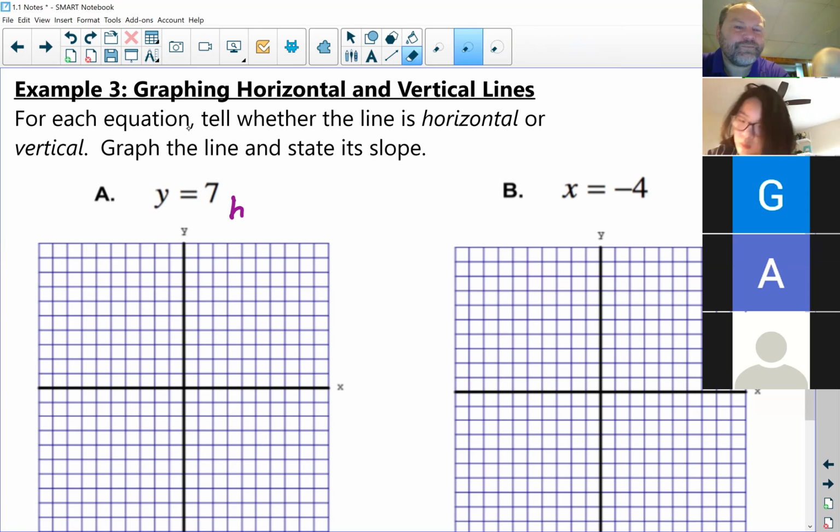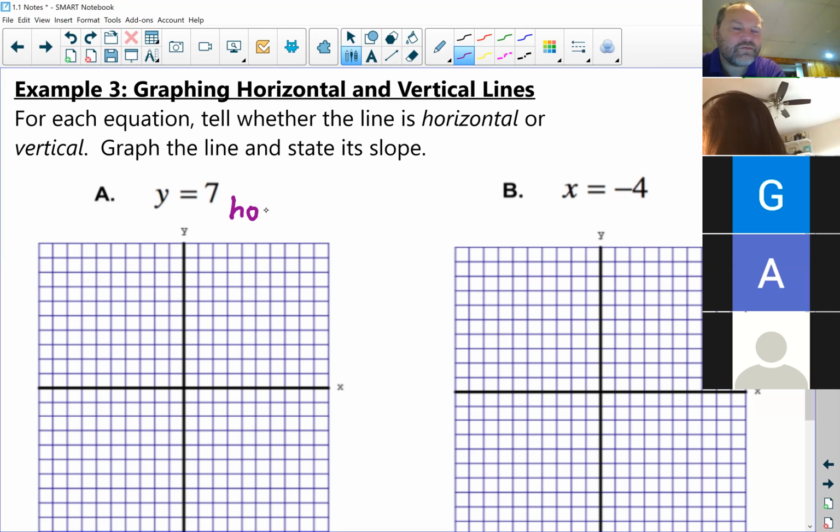All right. So then we want to graph that horizontal line.